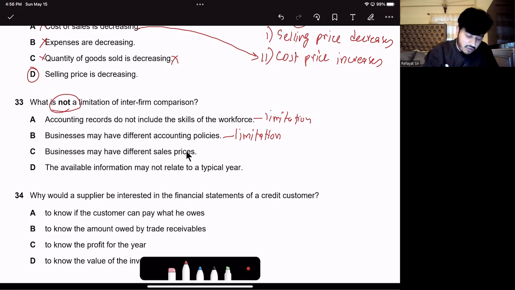No, that's not a limitation. Samsung and Apple have different selling prices. That's not a limitation. But they have different depreciation and accounting treatment policies, so you can't compare these two companies together. That's a limitation. Number D, the available information may not relate to a typical year. Yes, that is also a limitation.